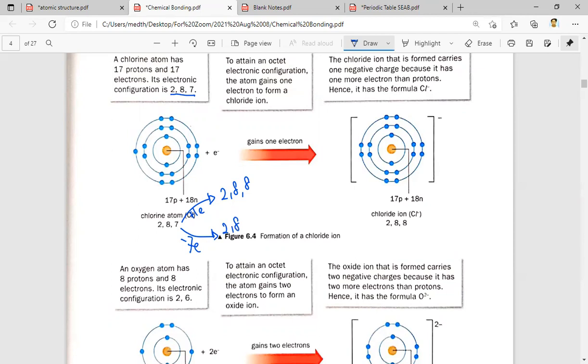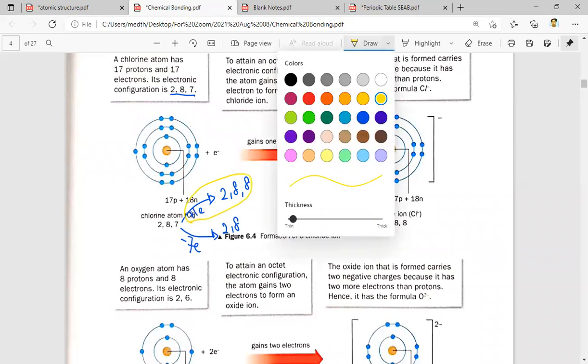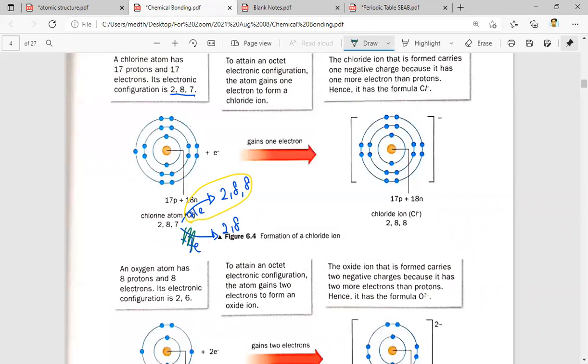Now, think in terms of sheer quantity. Is it easier to gain 1 or to lose 7? Obviously, gaining 1 is a lot faster and better compared to losing 7 electrons. So it doesn't lose 7 electrons, instead only gains 1 electron. Therefore, in this case, because it gained 1 electron, it becomes Cl minus.